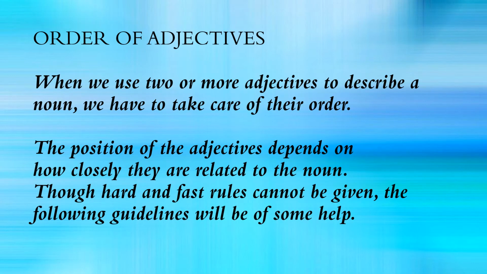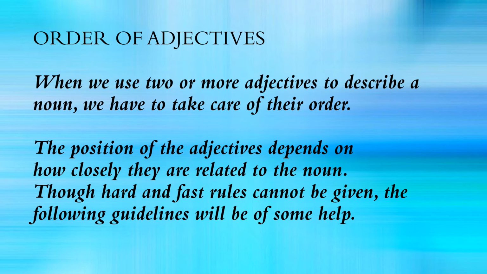We cannot write different adjectives as we like. We need to take care while writing these adjectives in proper order. The position of the adjectives depends on how closely they are related to the noun.